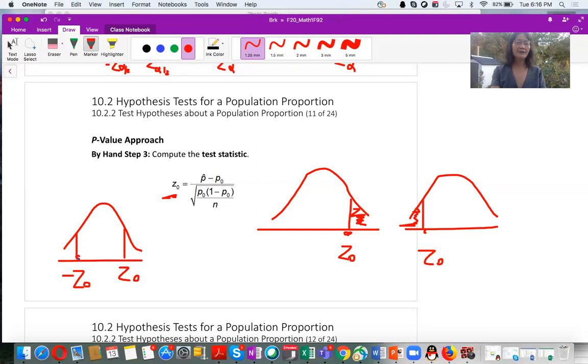Remember, what is Z0? It is the test statistic. What is the test statistic? It is the result of the formula. If you have a two-tail test, the p-value is the left area plus the right tail area. Because of symmetry, the left tail area equals the right tail area, that's why you multiply by 2. Okay, you get the p-value.